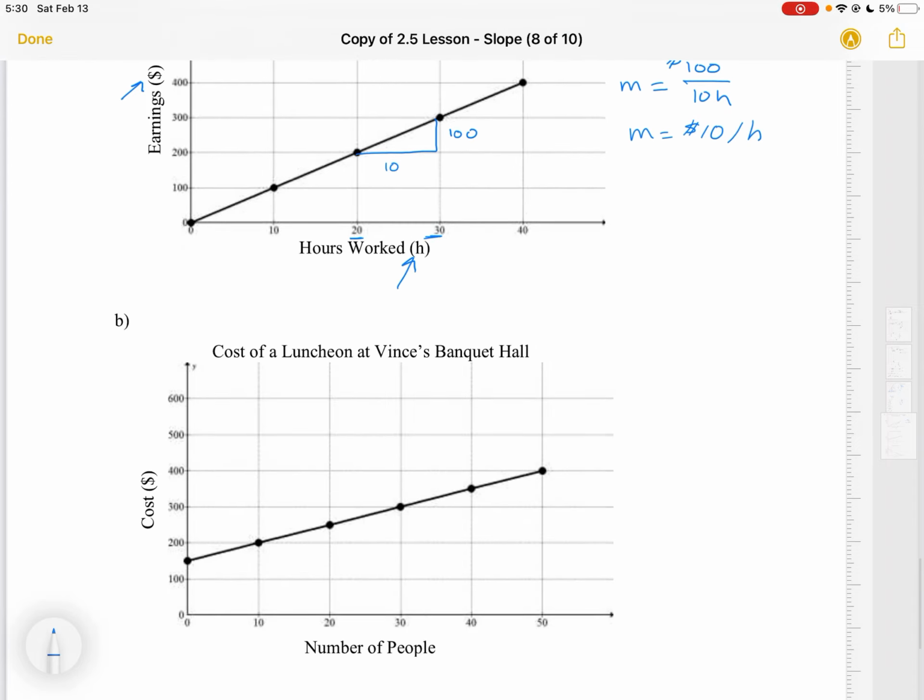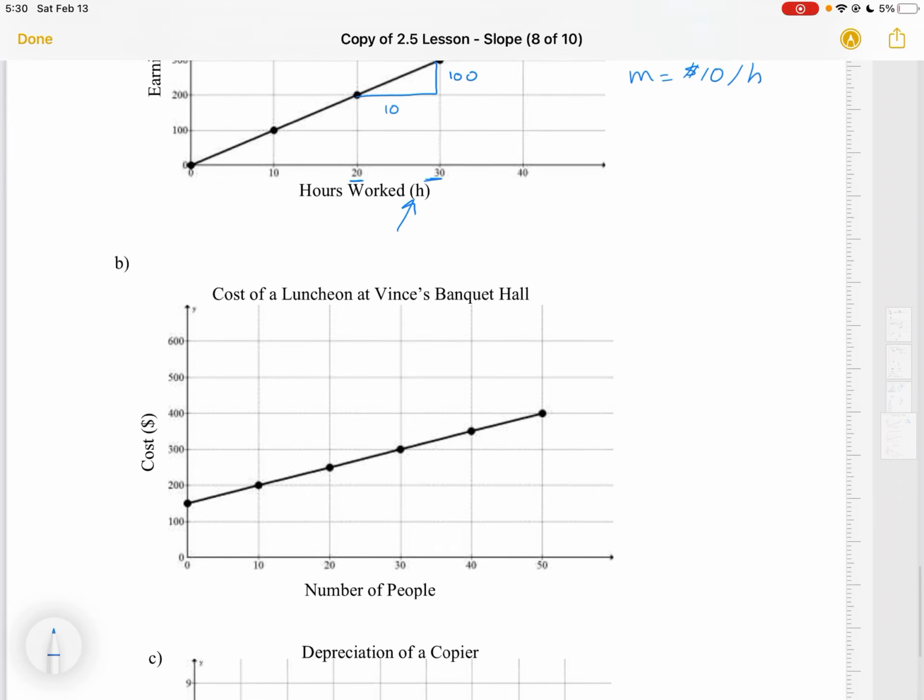Let's do another example. The cost of a lunch at Vince's Banquet Hall. So I'm going to choose 2 points that are easy for me to read, and I'm going to draw a rate triangle between those 2. You can choose any 2 that you'd like. My run is going to be 40. My rise is going to be 200.